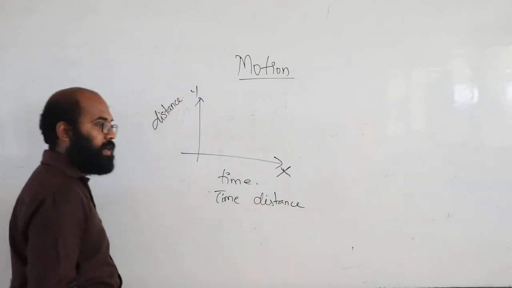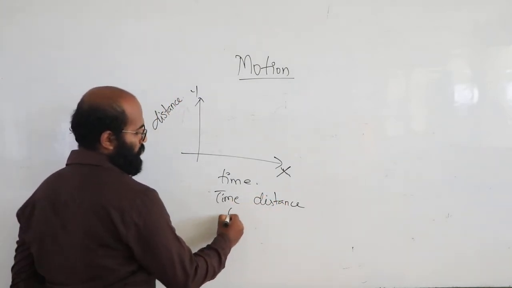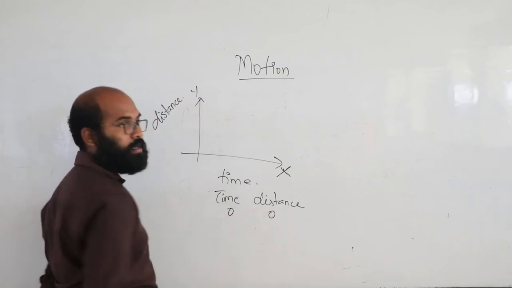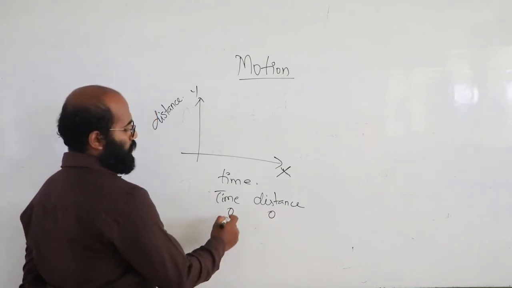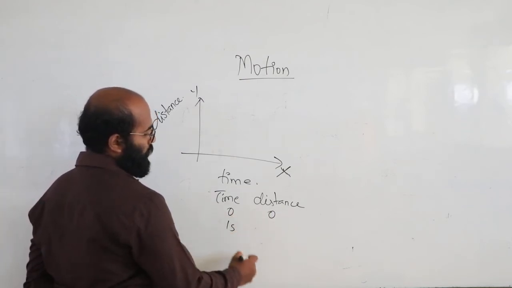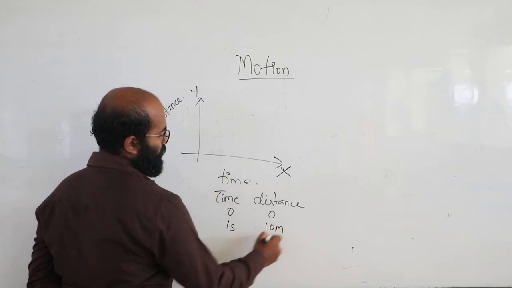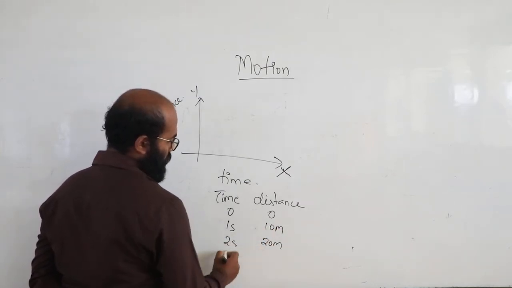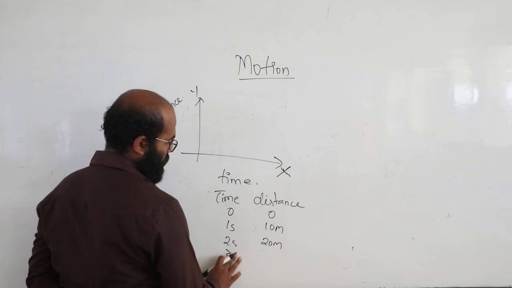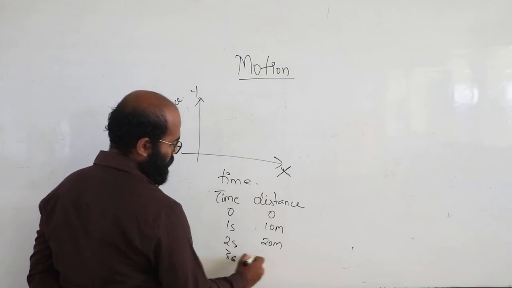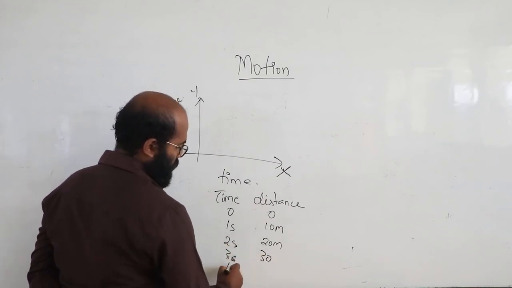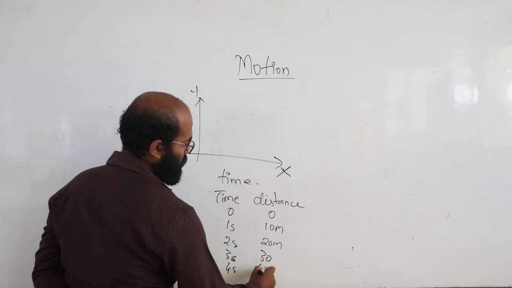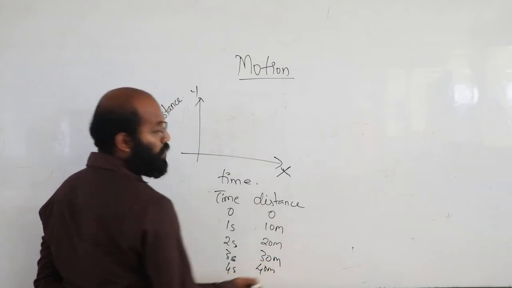Let's tabulate the values. At time 0, distance will also be 0. In 1 second, if it travels 10 meter, in 2 seconds 20 meter, in 3 seconds 30 meter, in 4 seconds 40 meter and so on.